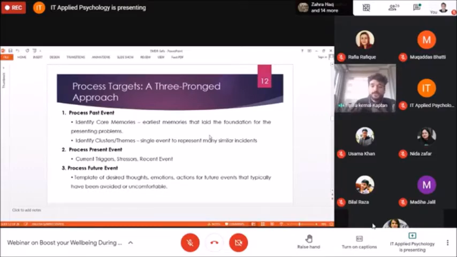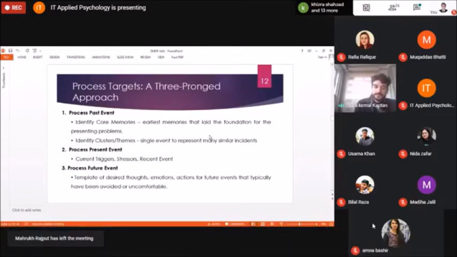What would you like to do, and how would you like to react? This is quite important because in EMDR, we give our participants a skill that they can use in the future. So we not only deal with their past experiences, we not only help them to feel better right now, we also give them a skill that they can use in the future. Next slide, please.